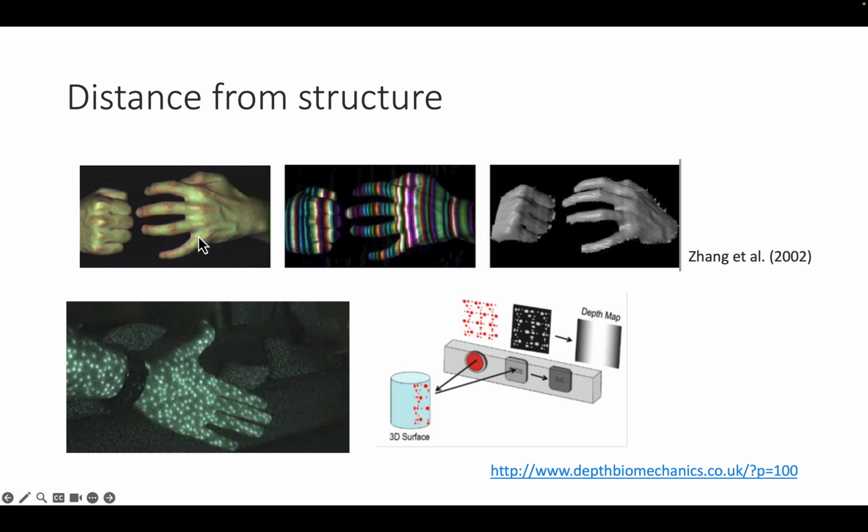And so here you see an example where I have hands, I project a light that is really straight lines, and then I infer the 3D pattern. In the Xbox Kinect, we believe this is done using a speckle pattern, where I know exactly where each of these points should be if there wouldn't be any obstacle, and from that I can backtrack the actual depth that I must have shined that speckle pattern on.